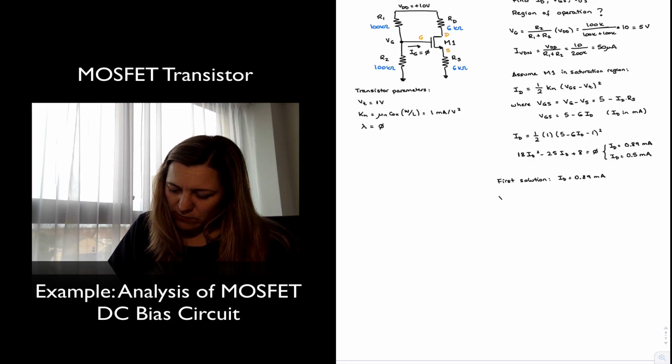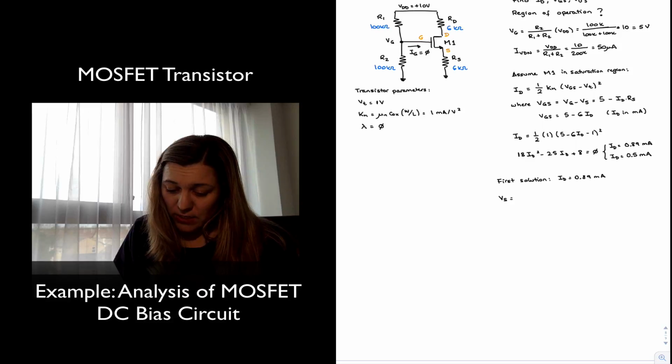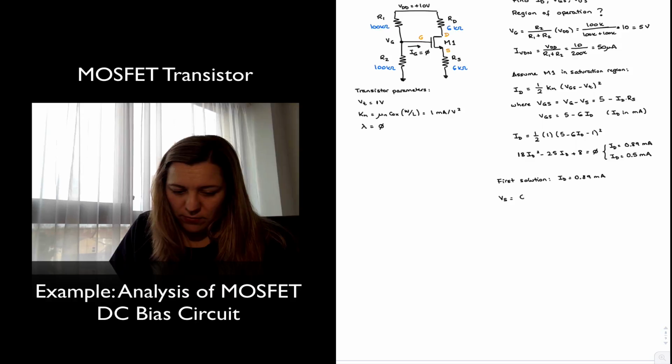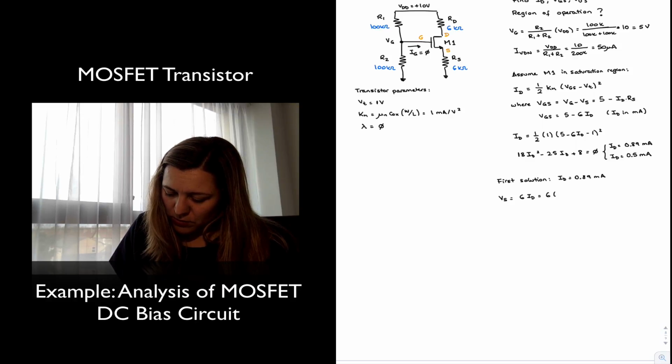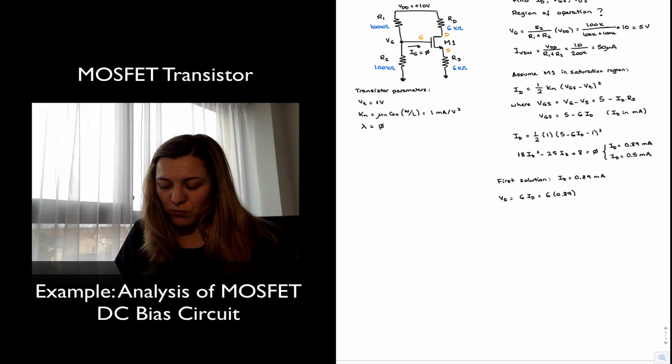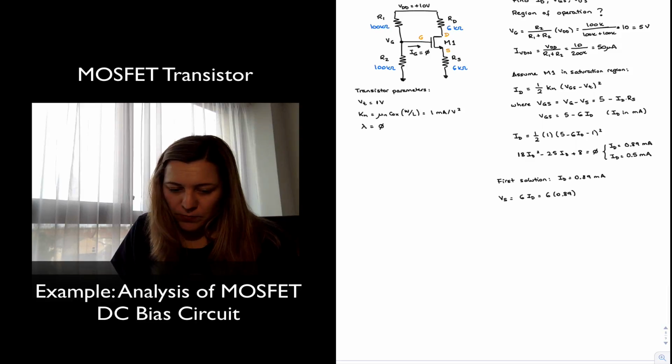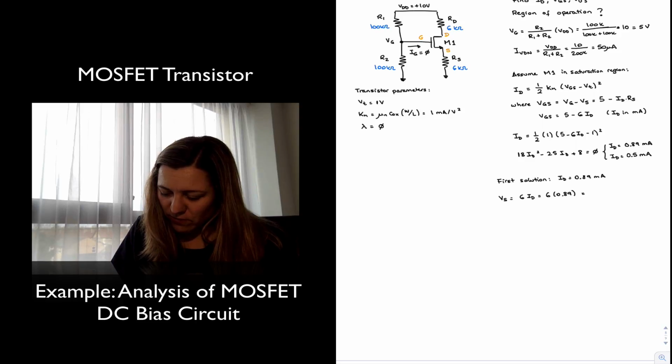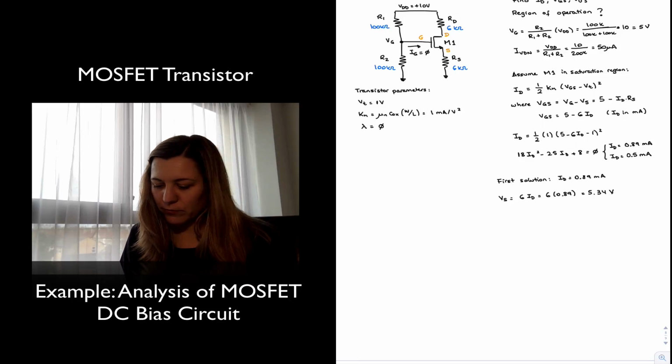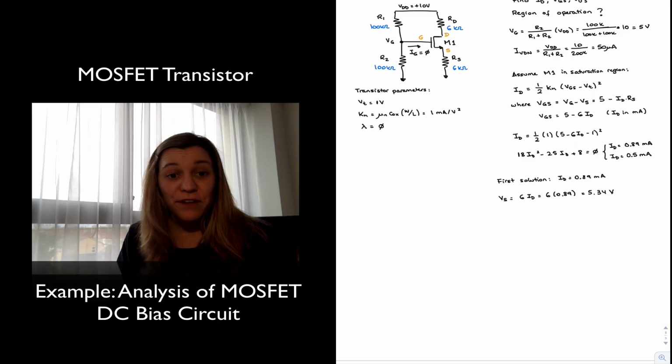In that case, my VS is going to be 6K times ID in milliamps, or 6 ID. So 6 times 0.89. Remember that was 6K times 0.89 milli. The K and the milli cancel out. And that gives me 5.34 volts. Now I have calculated my value for VG as 5 volts.